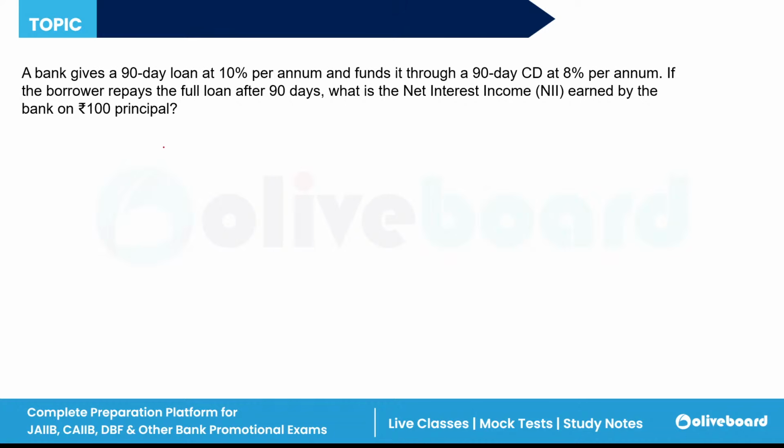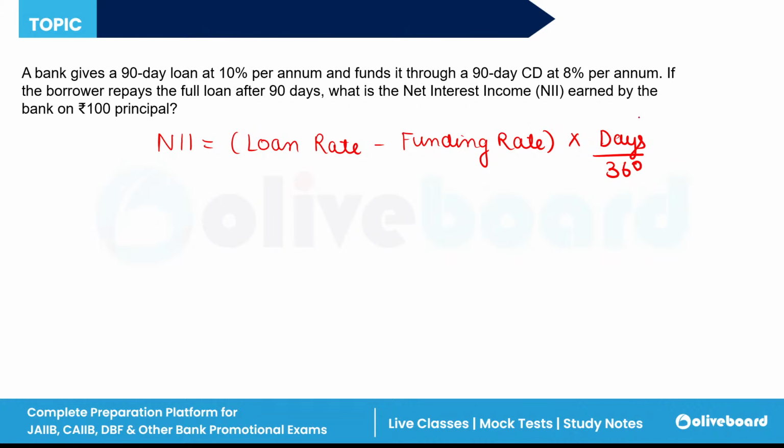Here NII is equal to loan rate minus funding rate, then multiply by days, divide by 360 days, multiply by principal. The loan rate is 10%. The funding rate is 8%. Subtract 8% from it. Multiply by 90 days.